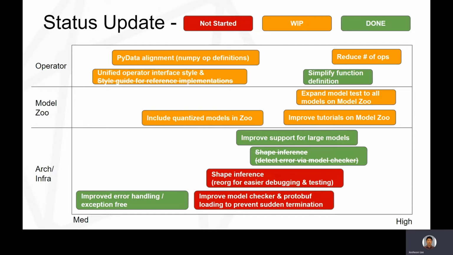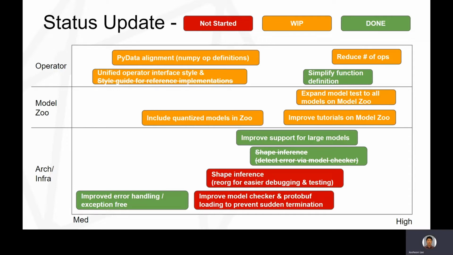So one example may be the negative values for axis. The SIG is working on this goal. They're reviewing existing ops and comparing against NumPy convention. And they'll be working on outlining the needed changes and also preparing PRs with operator updates.